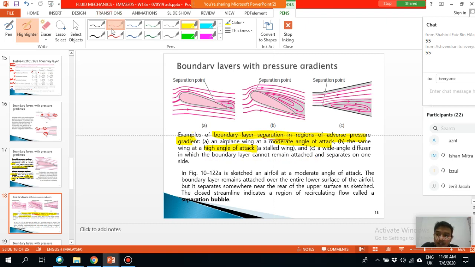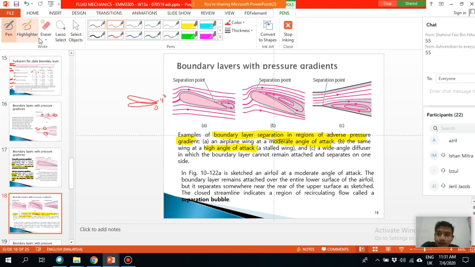Here, this is a wing at a low angle of attack. Angle of attack means that your original flow over the wing is 0. This is what we call 0 angle of attack. Then we increase the angle a little bit, for example, 4 degrees of angle of attack. So this is the moderate angle of attack.